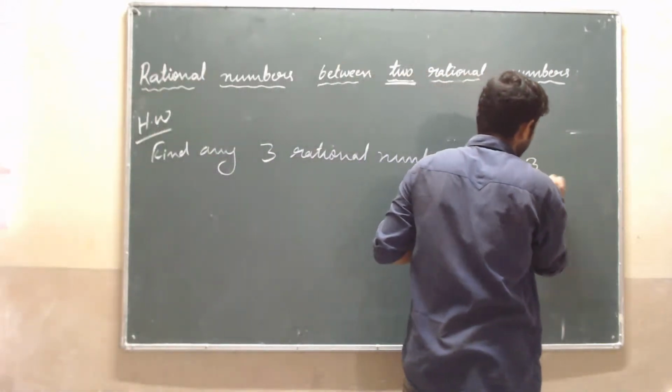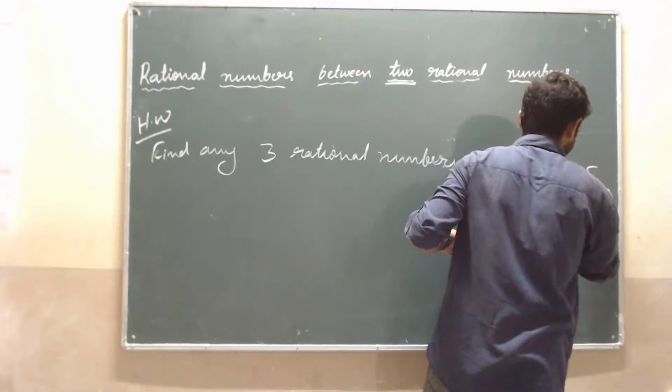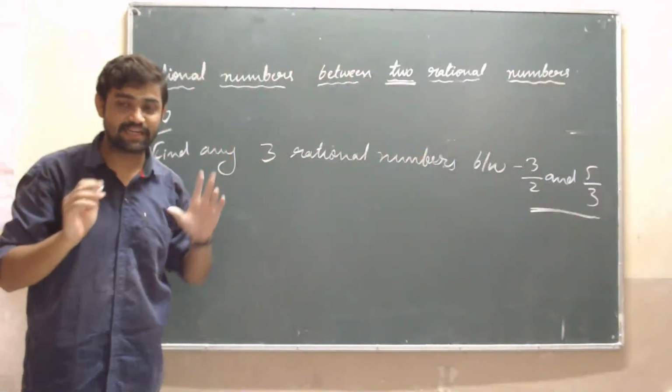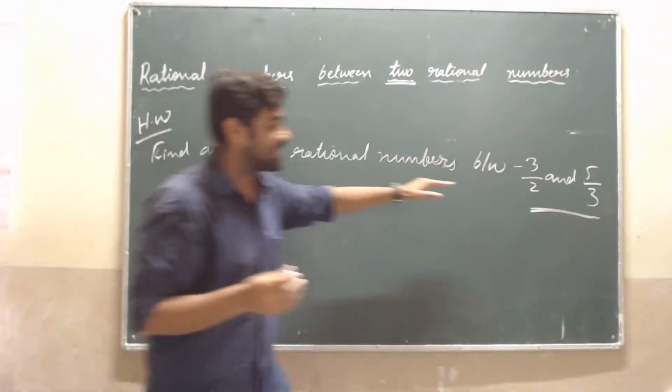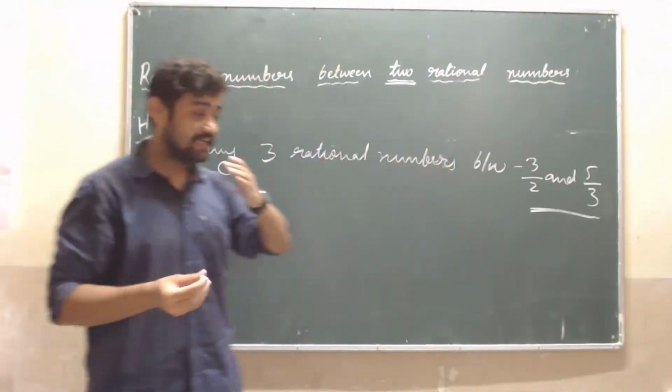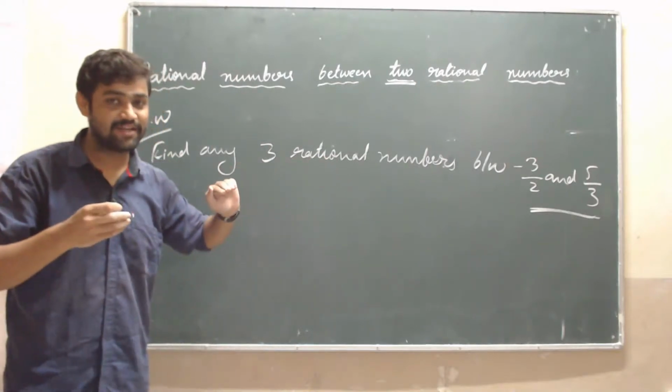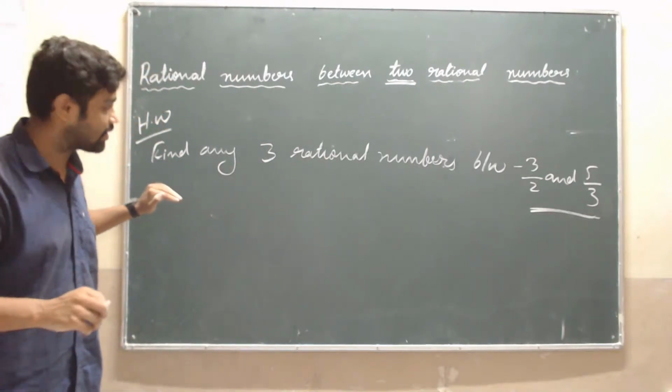Minus 3 by 2 and 5 by 2. And this should be in the second method. That should be in the second method, that is by taking a mean or taking an average of these 2 numbers. Okay, this is the homework for you.